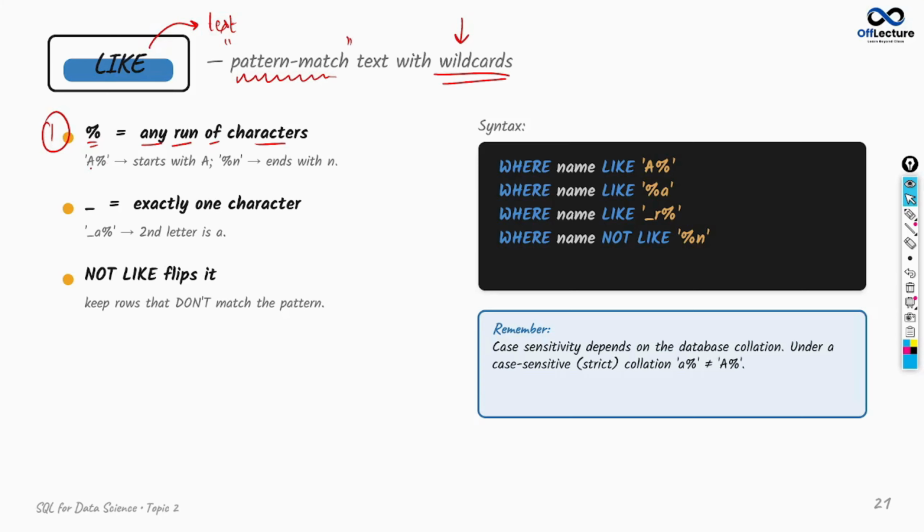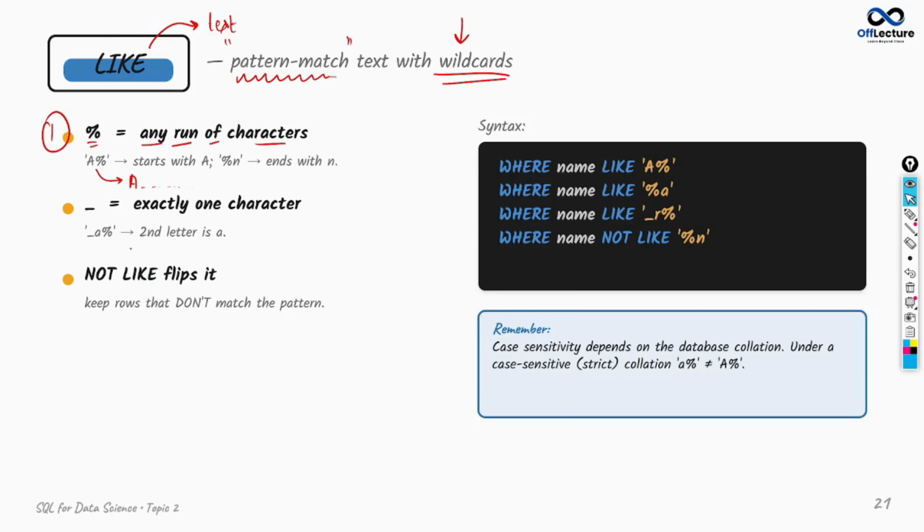If we write 'a' and the percent sign, it means we want to return all the entries which start with a, but they can have any number of characters after it.